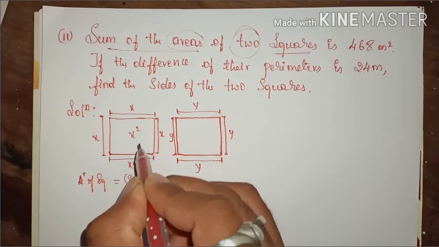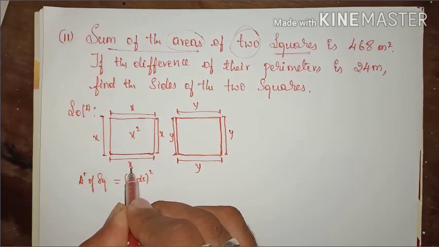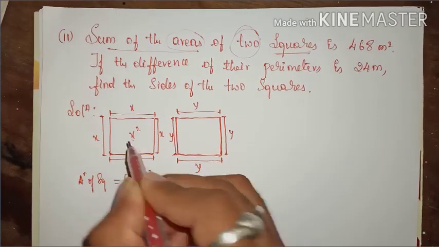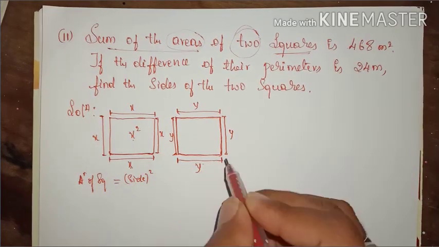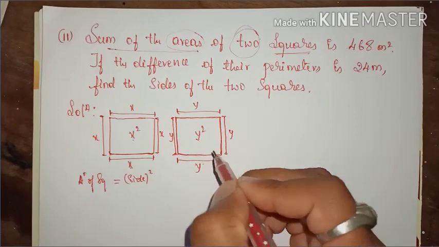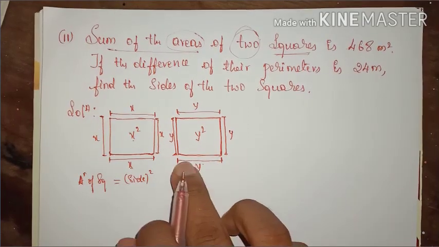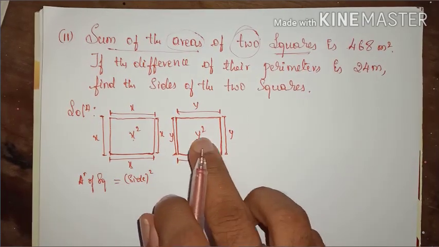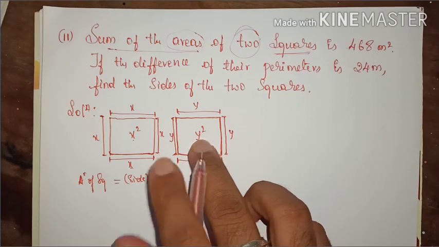Definitely it is x square, because our side is x. What is the area of the second square? It is y square, isn't it? Because the side of the square is y, that's why the area is y square.